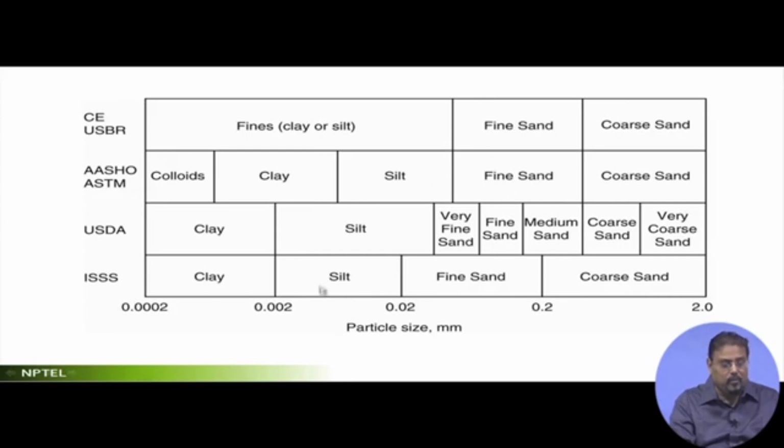Below this, the size from 0.002 to 0.02 and slightly above will be called silt. Between 0.0002 and 0.002 is clay, ranging up to this particular line, and below this are colloids or powders, which float in the water.